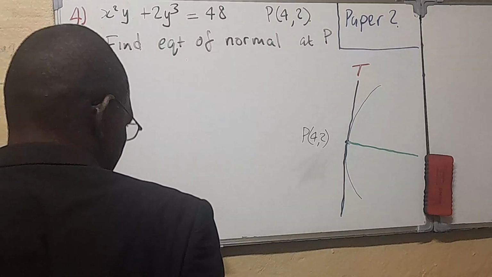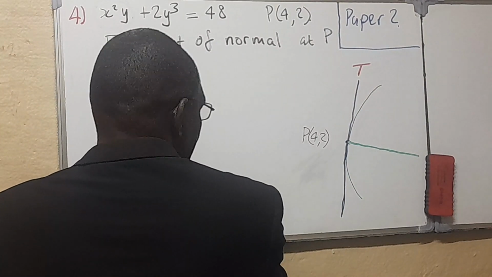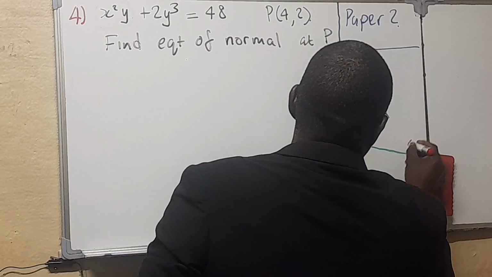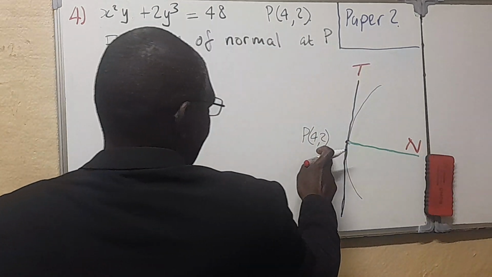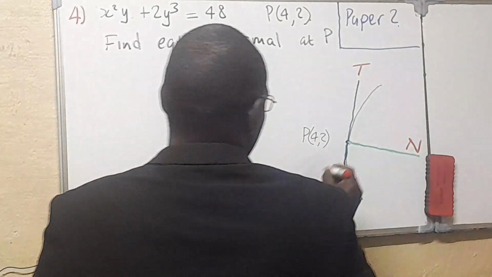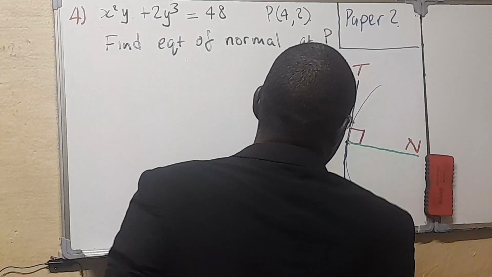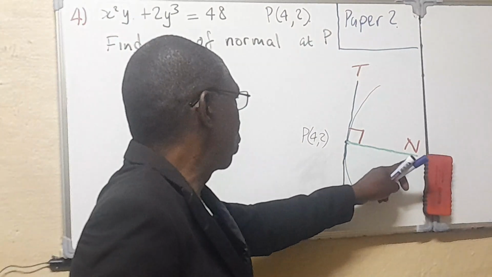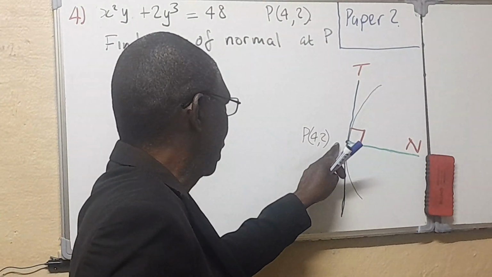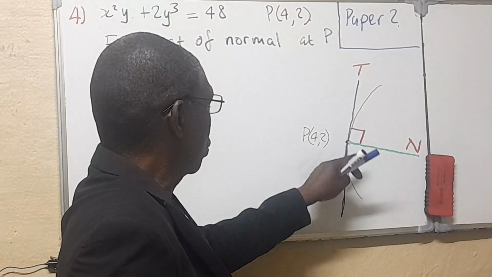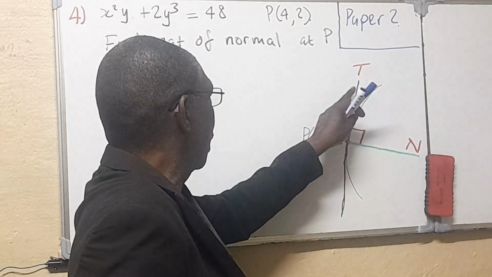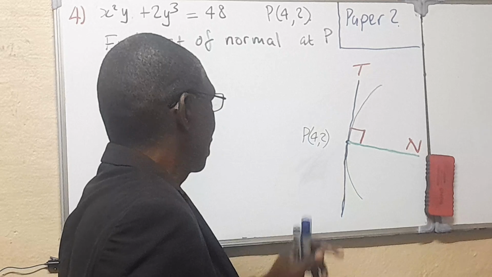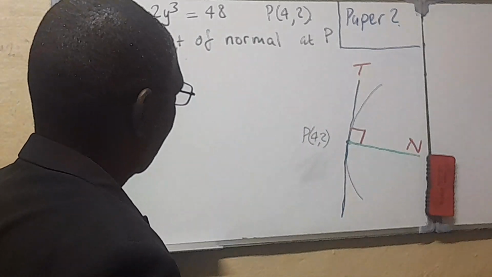That green line, let's call it L. It is the normal to the curve at this point, and we know that it must be at right angles to the tangent. So the normal to the curve at P is perpendicular to the tangent at the same point. So those are our two lines.